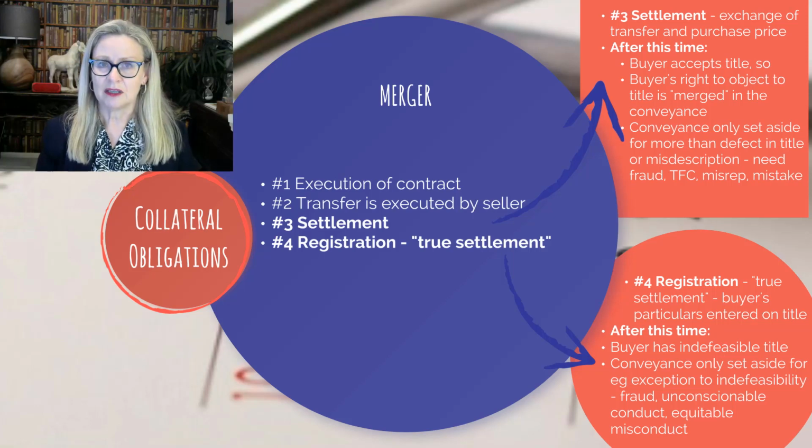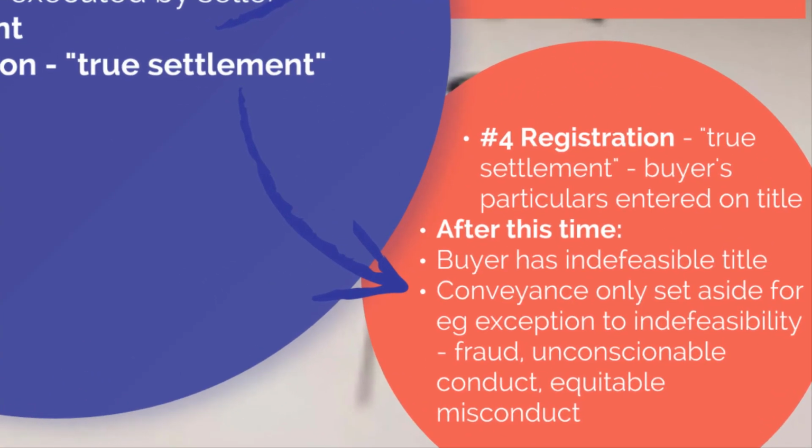If the transaction has then progressed forward from settlement to actual registration, so step 4, it's going to become even harder for the buyer to set aside the transaction. Why is that?